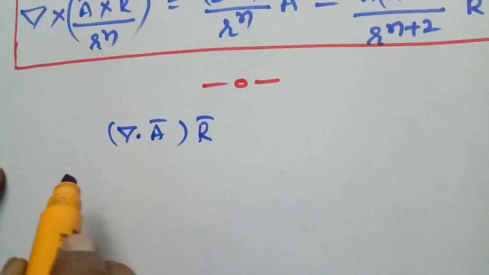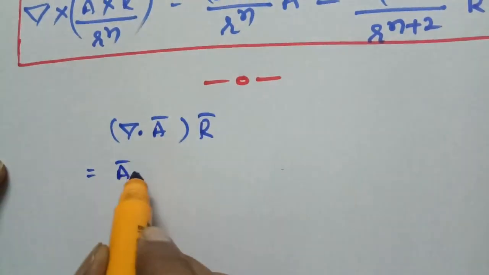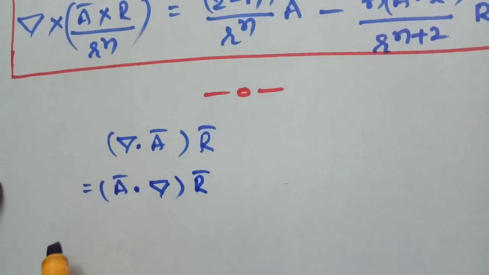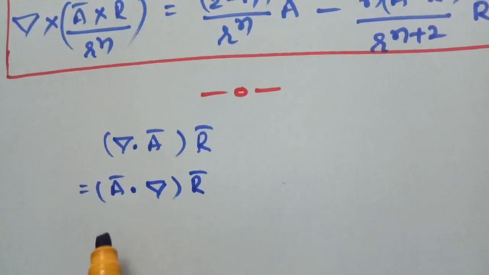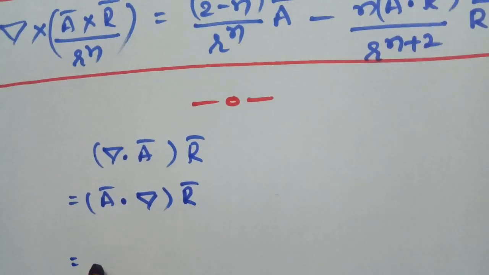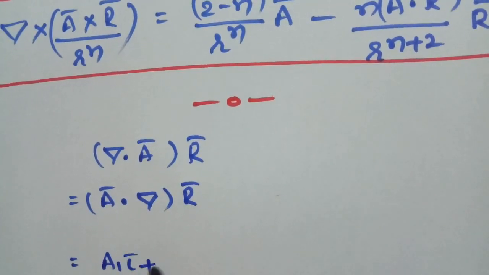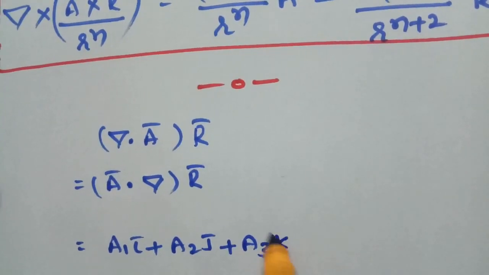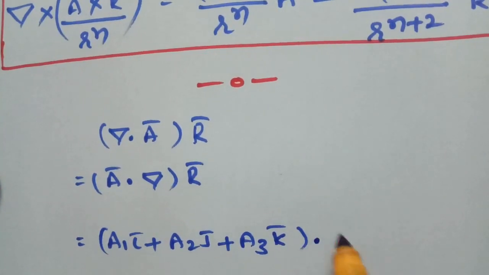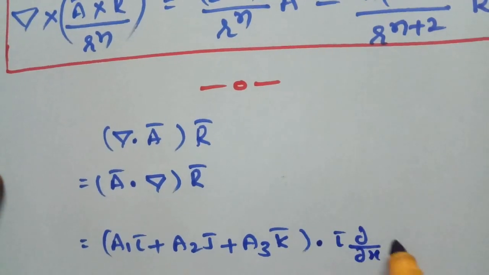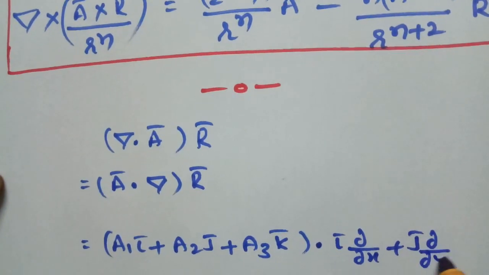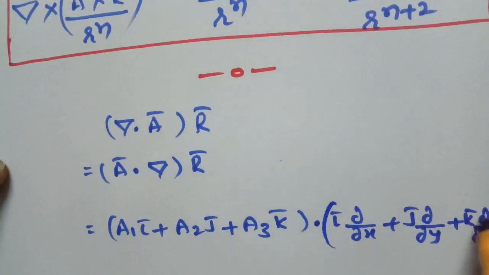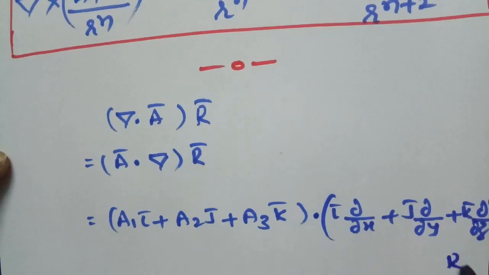This can be written as (a bar dot del) into r bar. Here a bar is a constant vector. So therefore we can assume (a1 i bar plus a2 j bar plus a3 k bar) dot (i bar dou by dou x plus j bar dou by dou y plus k bar dou by dou z) into r bar.